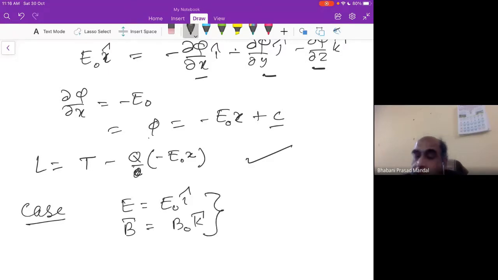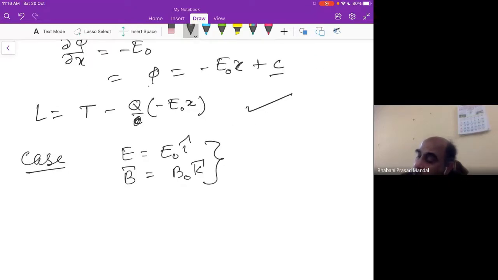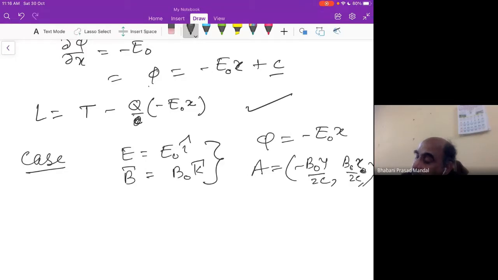So what will be the Lagrangian for a charged particle for this? I already worked out phi is minus E0 x, and A is minus B0 y by 2c, B0 x by 2c, and 0. The third component, the k component, is 0.